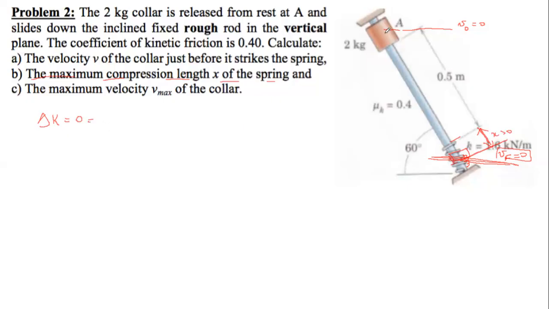Now, what is the work applied on my system from A to the maximum compression? I will need the work of gravitational force. I will need the work of normal force, which is 0, by the way. Plus, I will need the work of frictional force, but also I will need the work of the spring force.